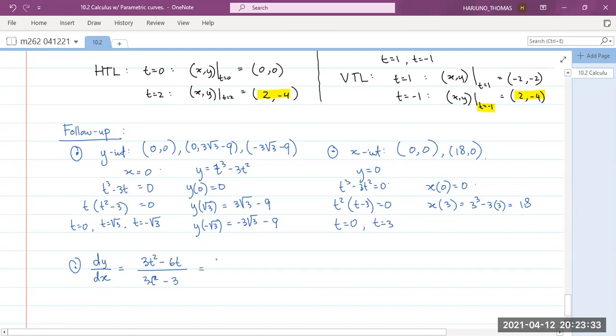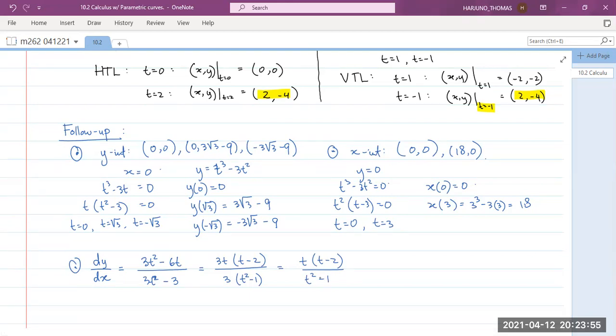We can factor the 3t here and the 3 here, so it's (t minus 2) over (t squared minus 1). Wow, what we are about to do is quite nasty though.